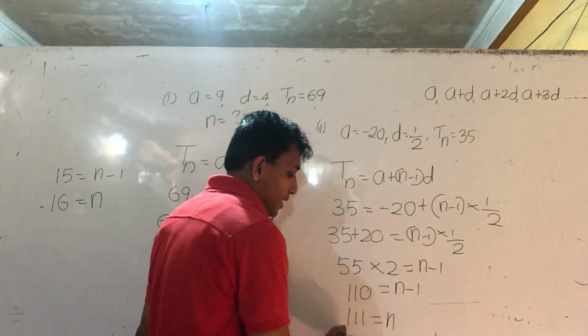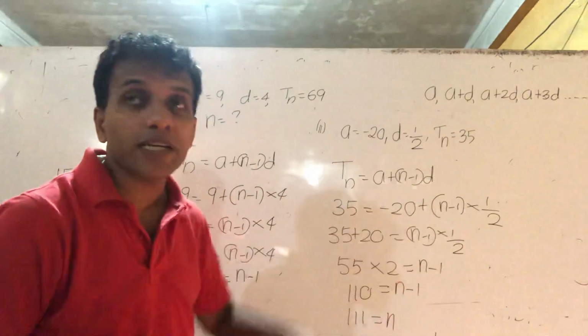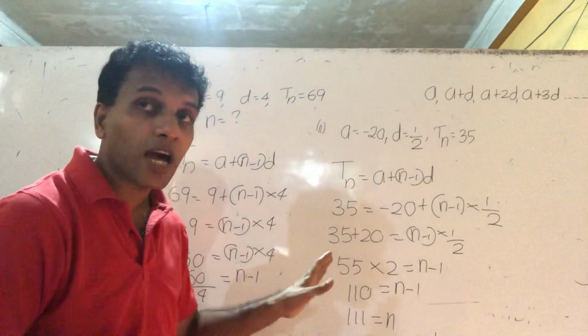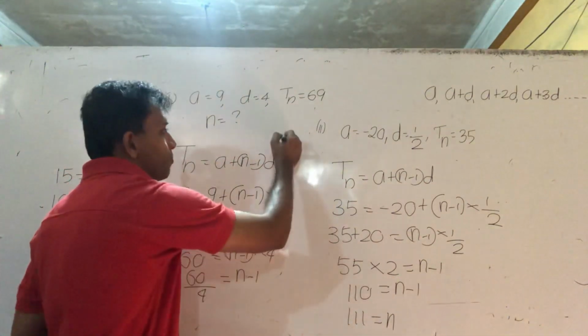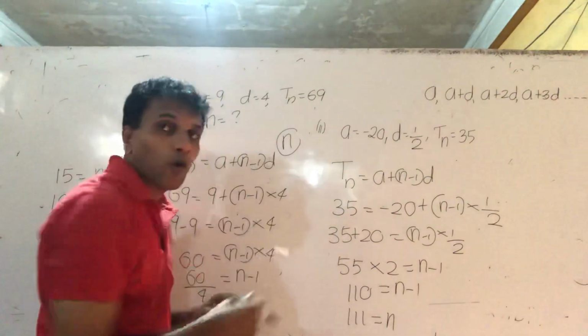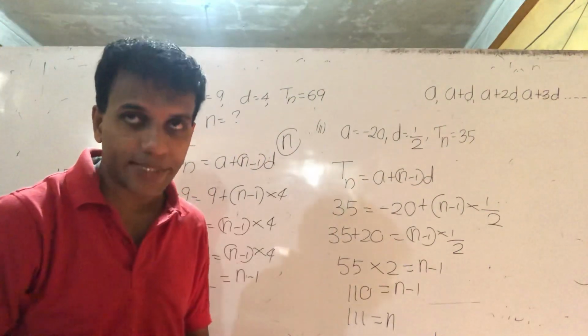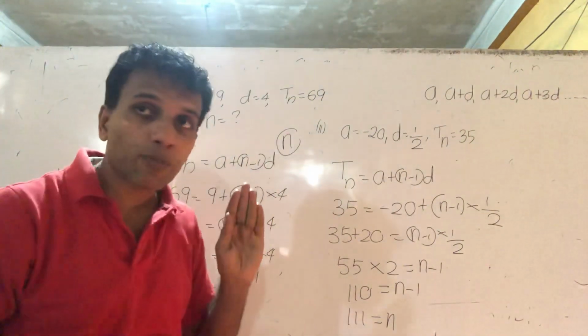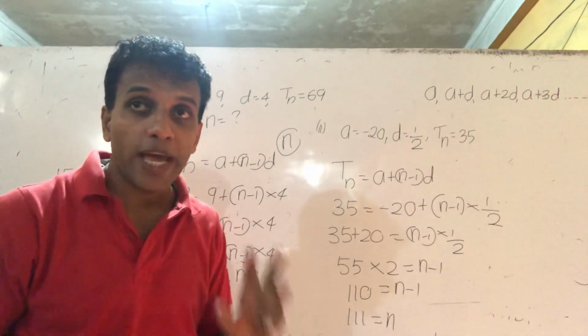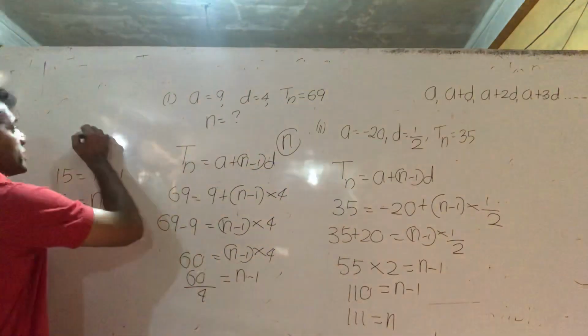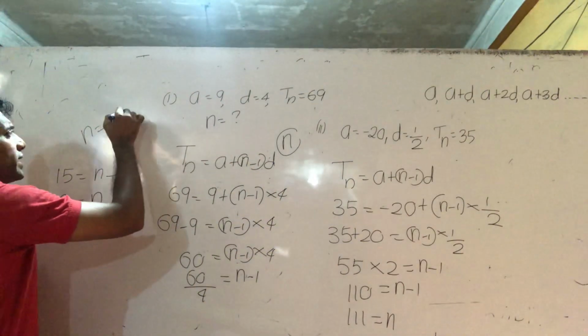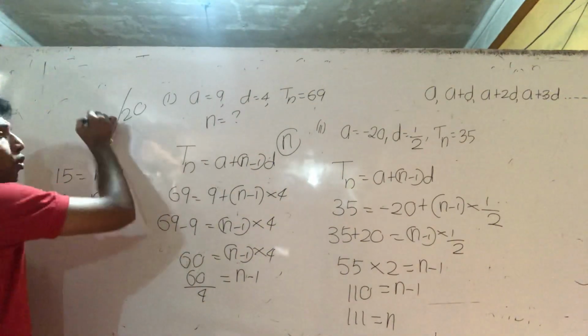So in this series, which term is 35? 111th term, right? Very important: the value of n always becomes a positive answer, right? N is always positive, not only positive, an integer value, a whole number. If your n answer comes minus 20, you are wrong.